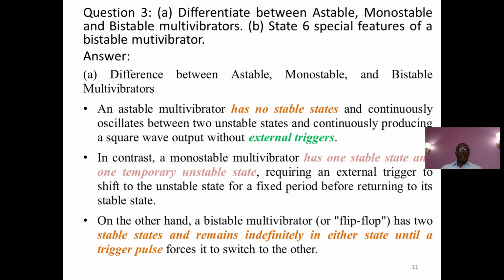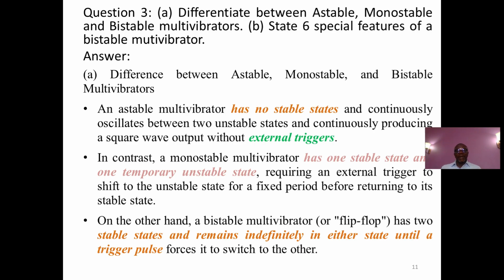In other words, a monostable will start with the stable output, and when you apply an external trigger, it moves momentarily to the unstable state and comes back to the stable state and remains there until you apply an external trigger again.